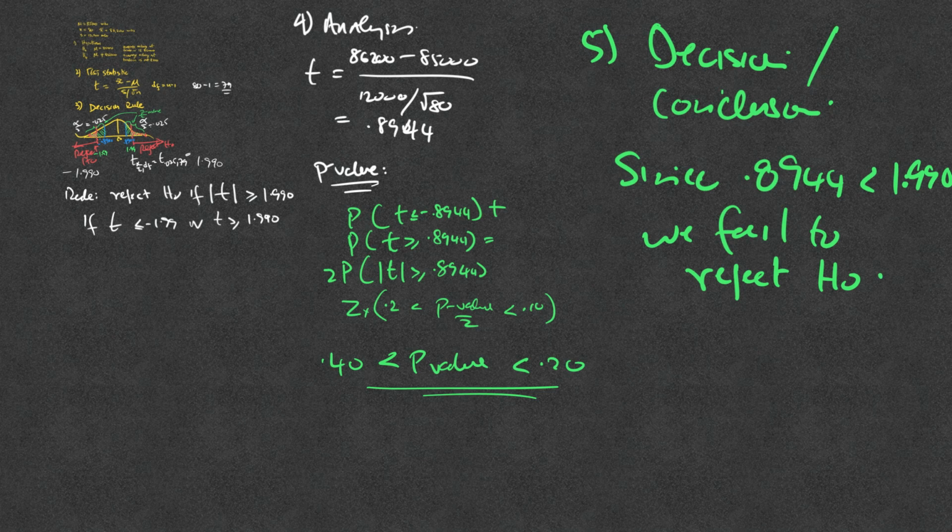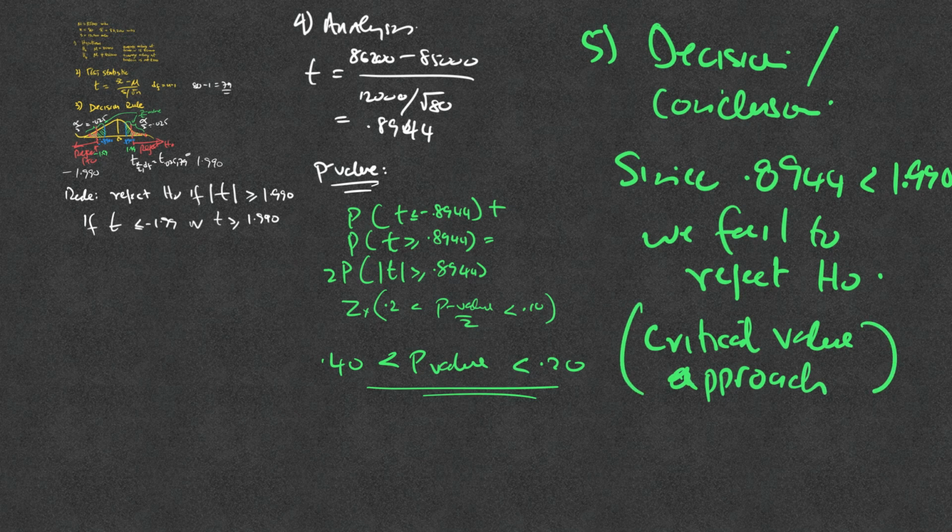That's basically called the classical approach, or when we're comparing the critical values. So this is called the critical value approach. It means that we're just comparing the boundaries, right? So that's when you're comparing your T critical with your T value or your Z critical with your Z value.